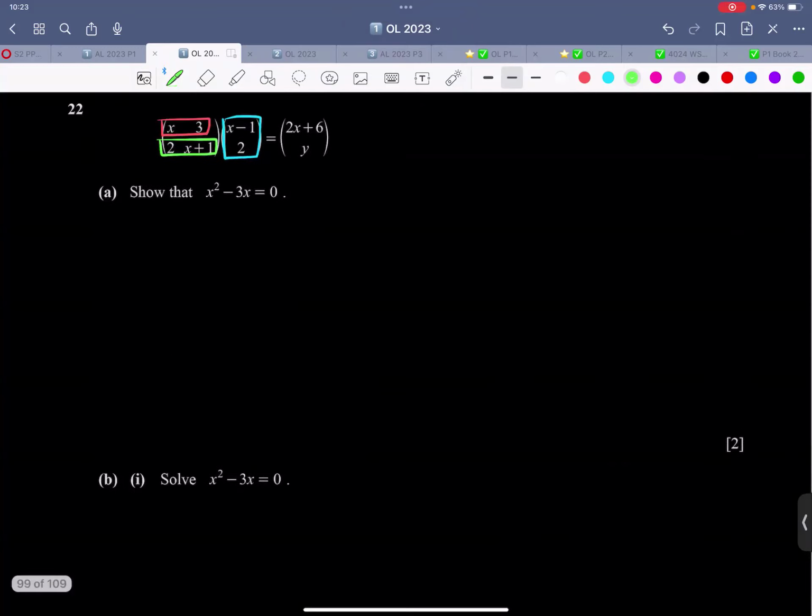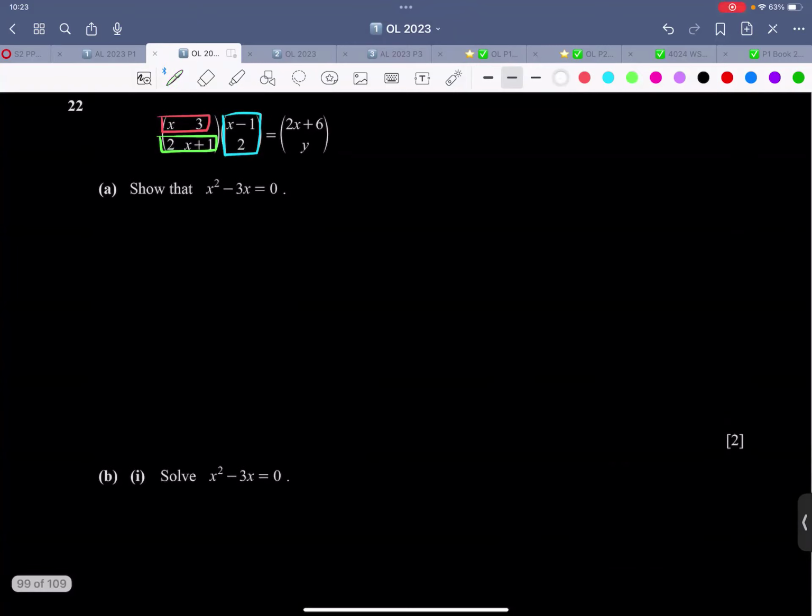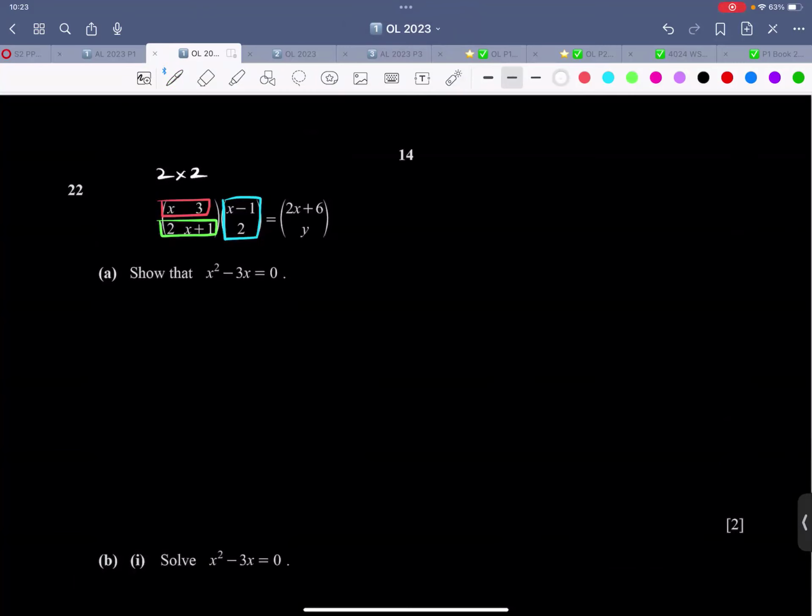First of all, this is a 2 by 2 matrix, and this is a 2 by 1 matrix. The answer will be a 2 by 1 matrix, which is seen over here.